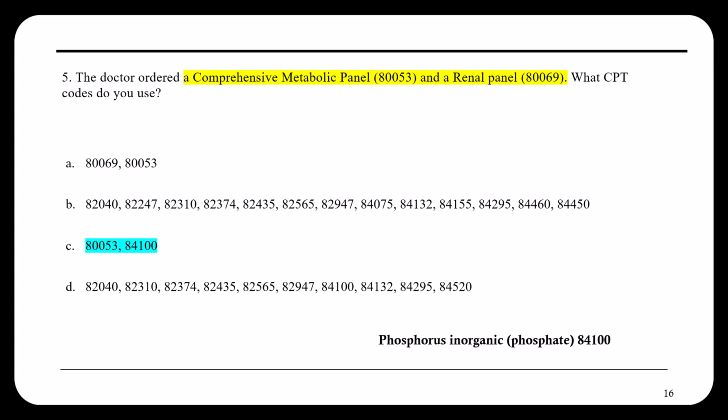So in this case, I have 80053 because it takes over most of the renal panel, except for 84100, which isn't part of the comprehensive panel. Now, if it had been part of the comprehensive panel, then we would only have 80053, but it's not.